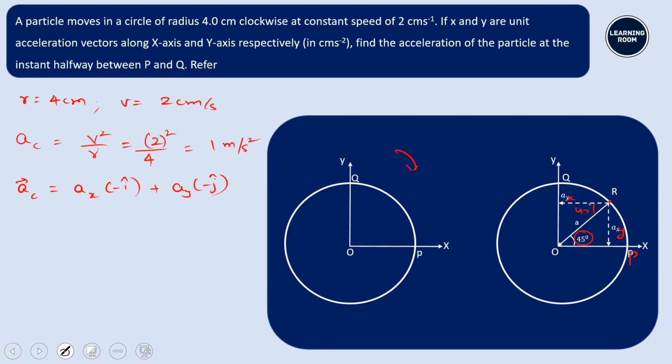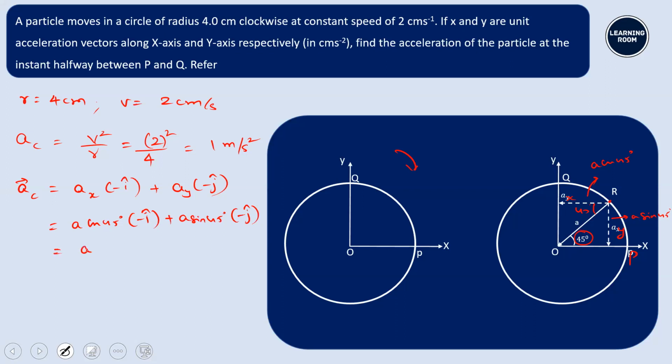So A vector can be resolved as A cos 45 degrees here and A sin 45 degrees here. Right? So a_x will be A cos 45 degrees in the direction of minus i cap plus A sin 45 degrees in the direction of minus j.